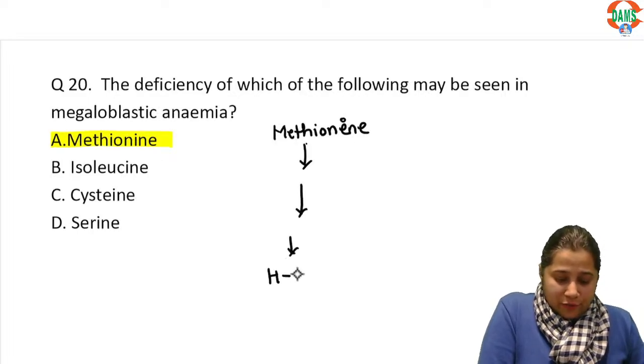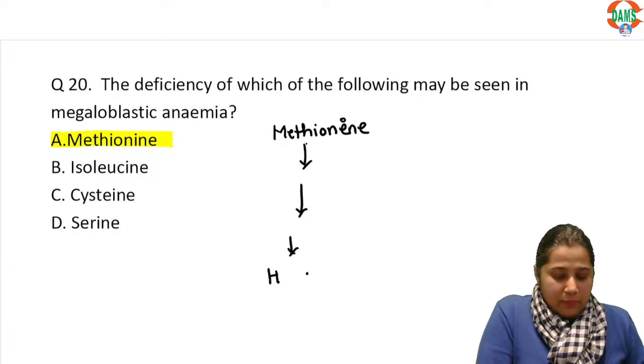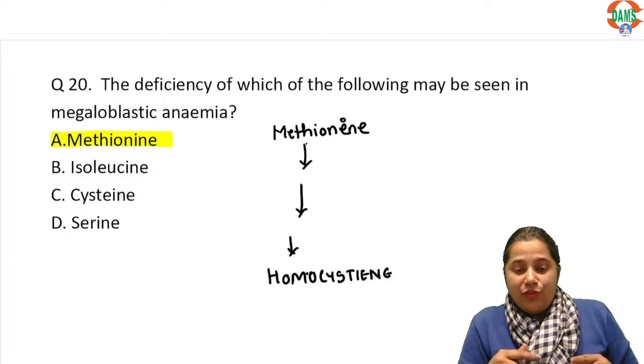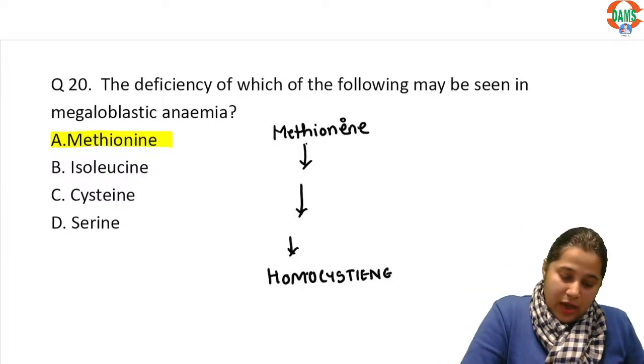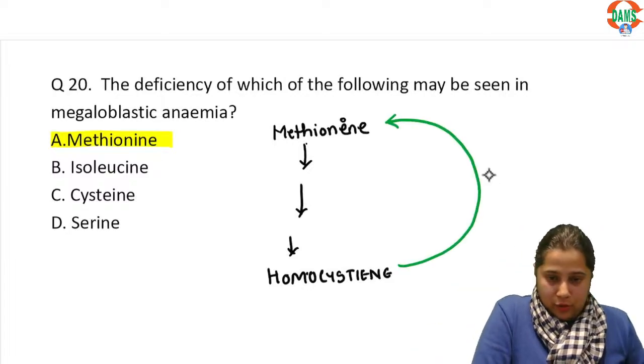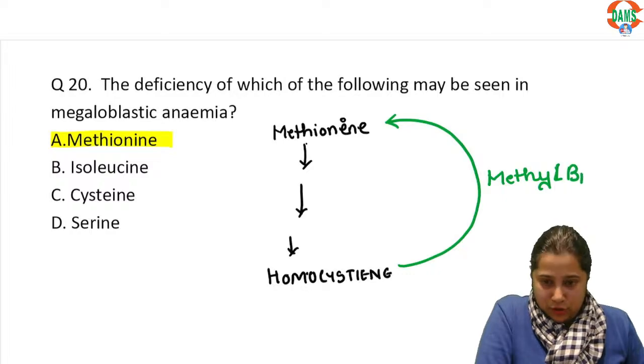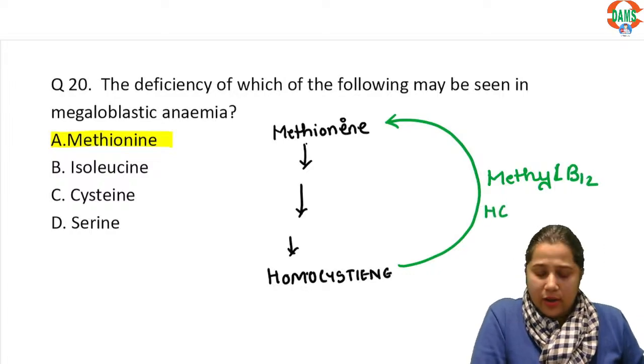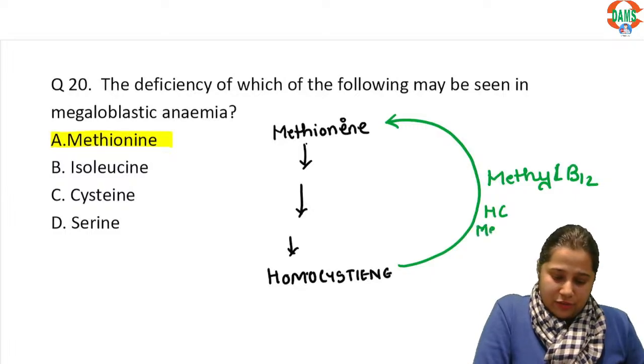The only difference between methionine and homocysteine is in the methyl group. So, if I have to convert homocysteine back to methionine, I only need a methyl group. The donor of that methyl group is fixed, and that is methyl B12. This enzyme is a methyl transferase. I'll call it homocysteine methyl transferase.